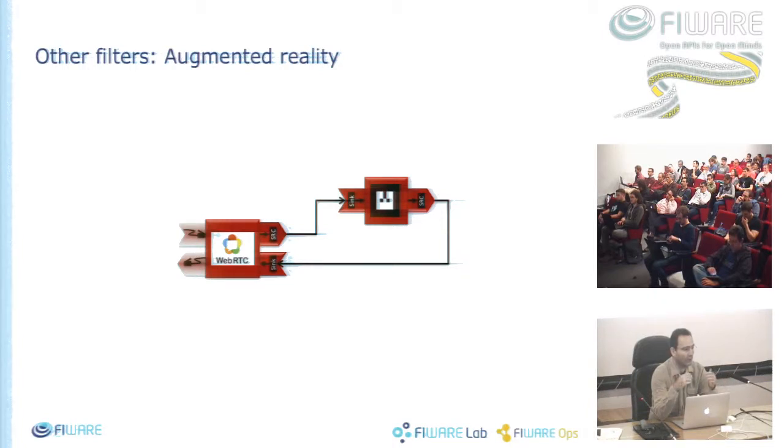So we can somehow modify our one-to-many application. We can modify it so that every receiver, every viewer receives a different advertisement on top of the marker, for example. So we are able to make live video broadcasting with segmented advertising with this type of filter. This is a possible use case.